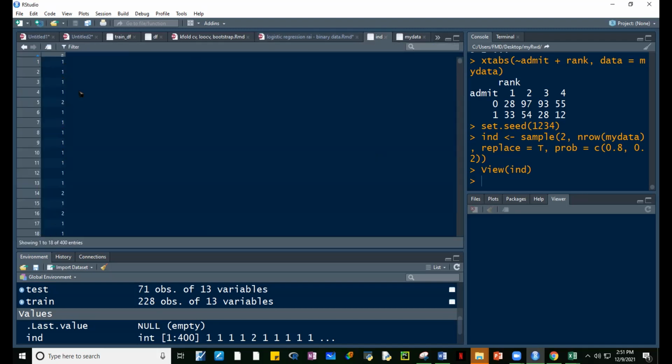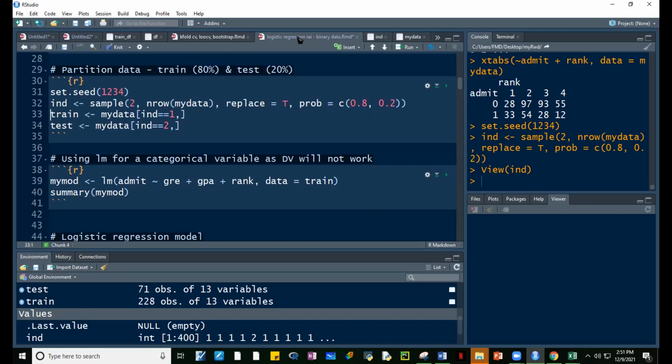No? Should be the same kasi nag-set.seed tayo eh. Okay, so since pseudo-random numbers naman to, I'm expecting us to have the same answers kasi set.seed will allow us to have the same randomized numbers.